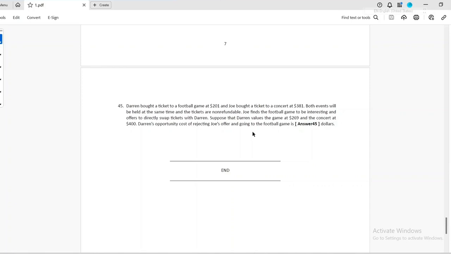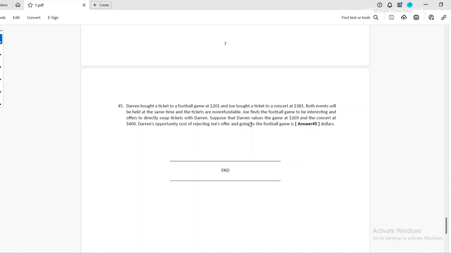So you can see that the tickets are non-refundable. So Darren's opportunity cost is simply the value that he has for the concert, that is $400, because the ticket to the concert is non-refundable.